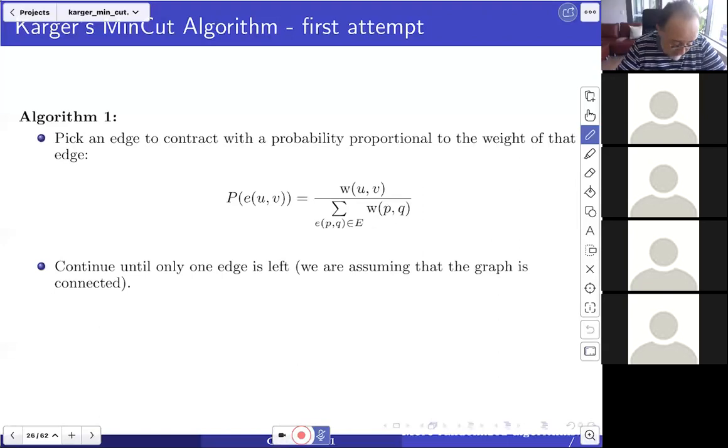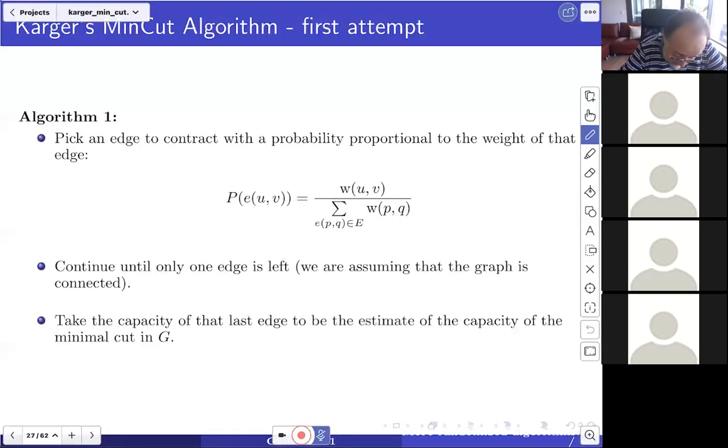And the algorithm then takes the capacity of that last edge to be the estimate of the capacity of the minimal cut in G. So it's an amazingly simple algorithm. You pick an edge with probability proportional to the weight of that edge and contract it. Now you have a new graph with the new weights, right?